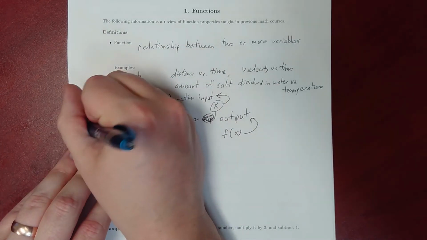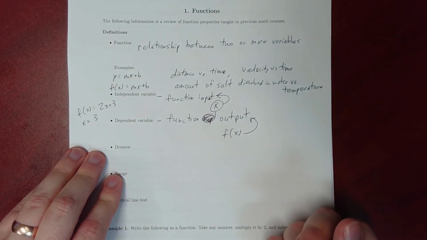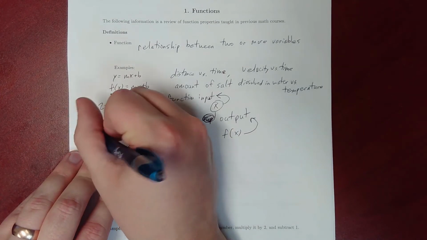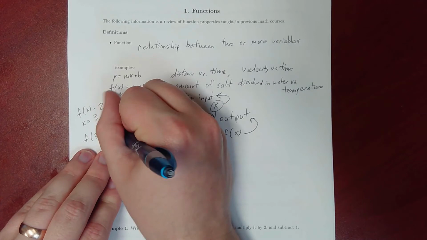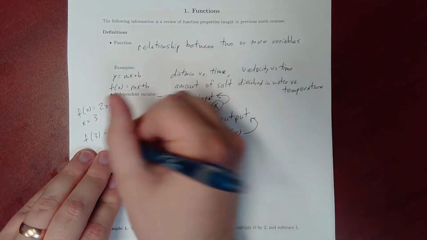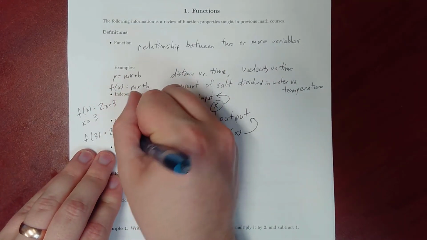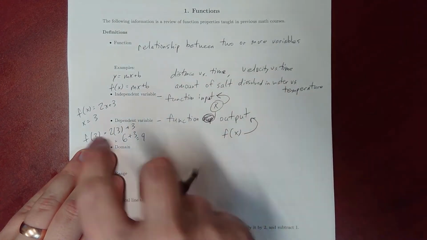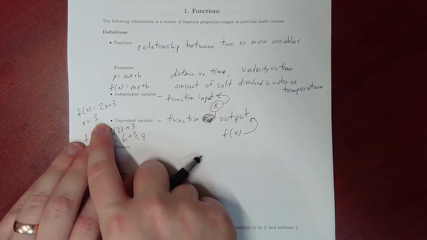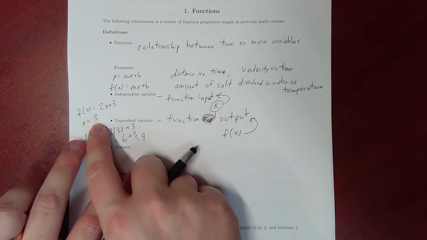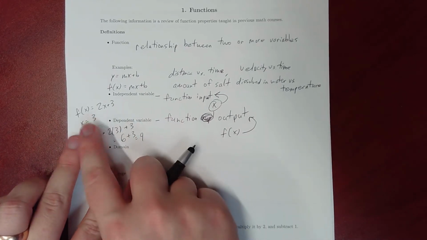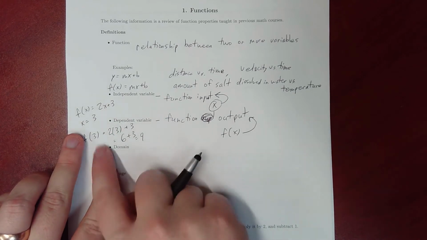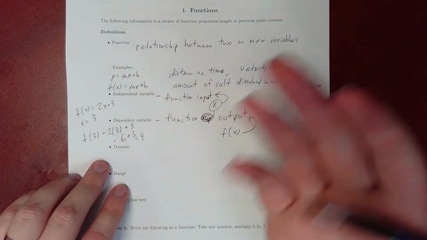If I tell you x equals 3, then f of 3 would be 2 times 3 plus 3, so 6 plus 3, so 9. So the value of our independent variable is 3, and the dependent variable, which depends on what we make our independent variable be, ends up being 9. So that's just a little bit of an example.